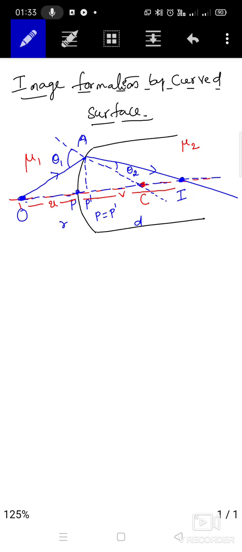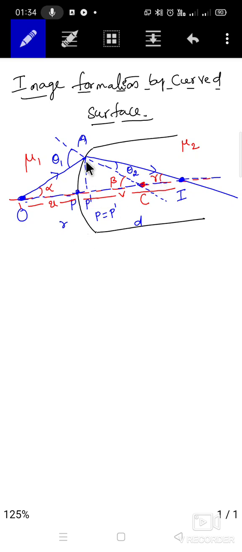Now from the figure we observe that some triangles are formed. The incident ray makes an angle alpha with the principal axis, the normal makes an angle beta with the principal axis, and the refracted ray makes an angle gamma with the principal axis.